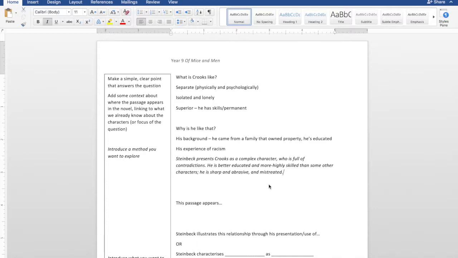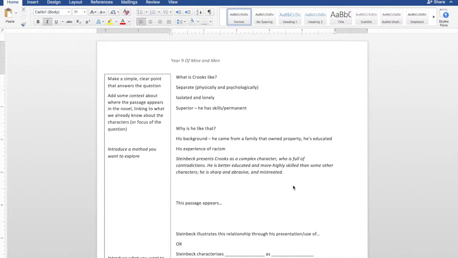I've left that quite open. You could go back and adapt or change it if you wanted to, but I think at the moment just listing what we've learned is really, really helpful. It also leaves us open to explain why he's like that, why he feels so lonely, why he's so separate.